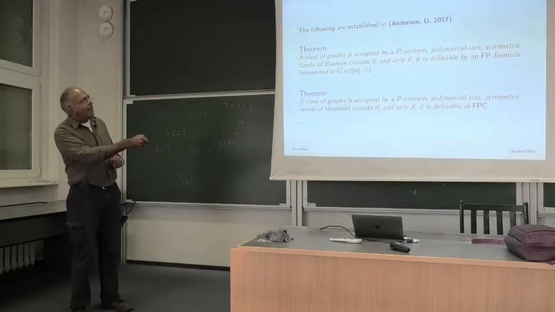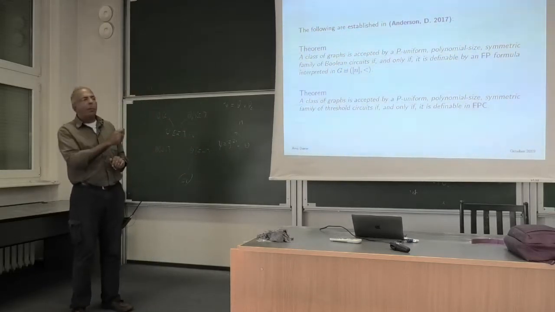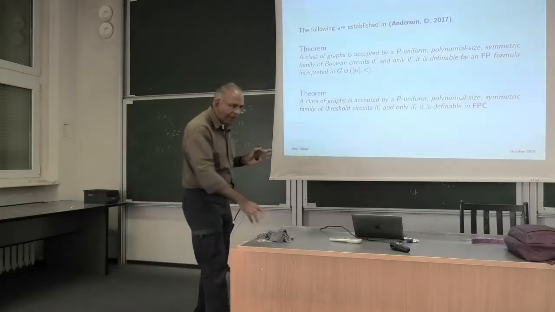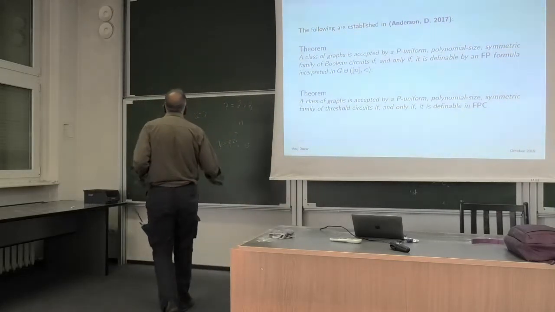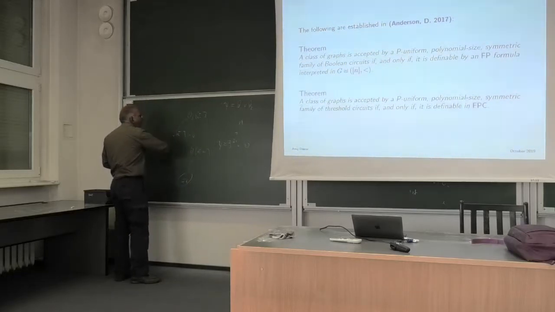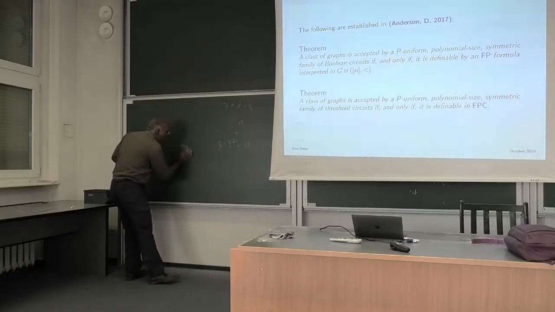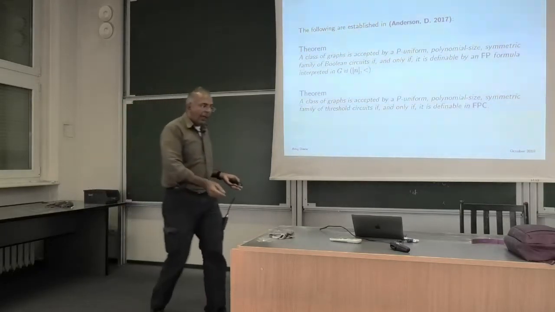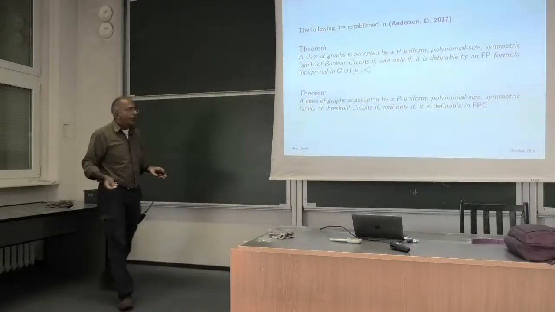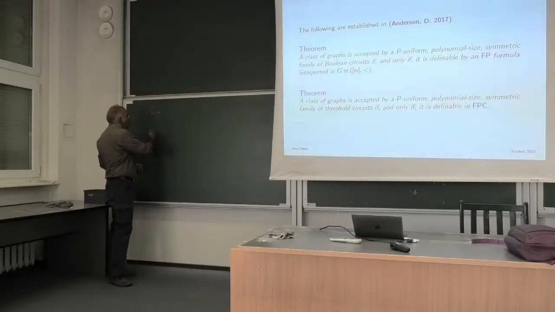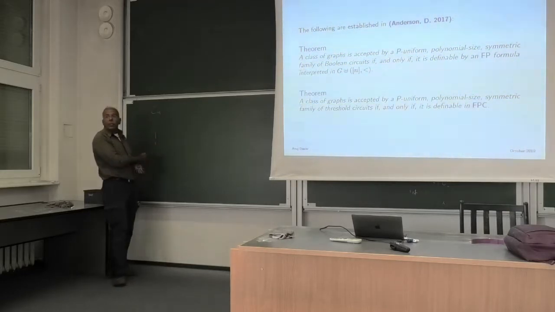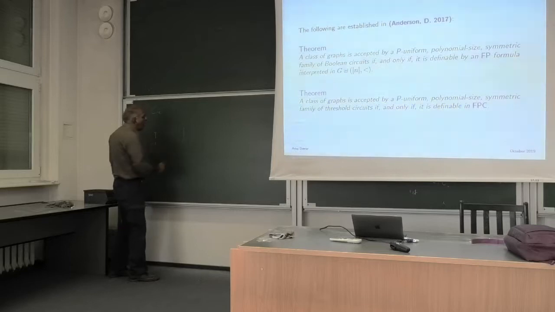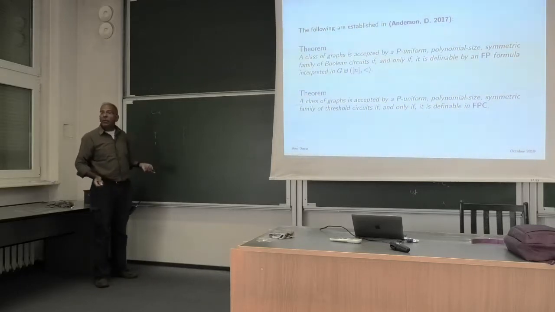If you don't put threshold gates and you just use ands, ors, and nots, it's a little bit more subtle. You don't exactly get FP, right? It's not a converse to this for the kind of silly reason, which is this. Consider the following family of circuits: just a trivial circuit, output 1 if n is even, output 0 if n is odd.